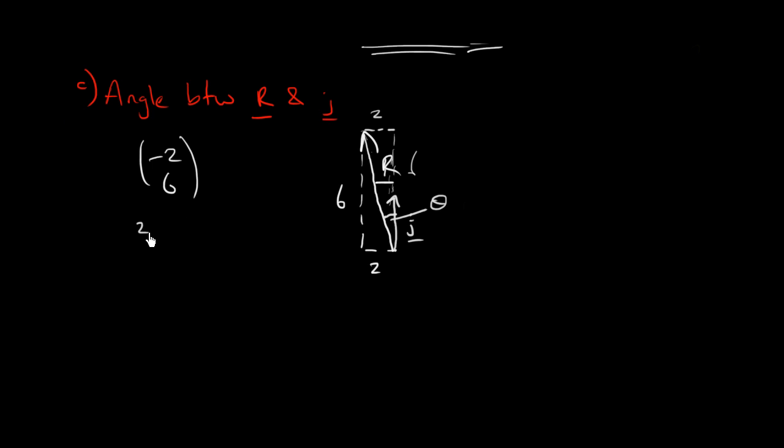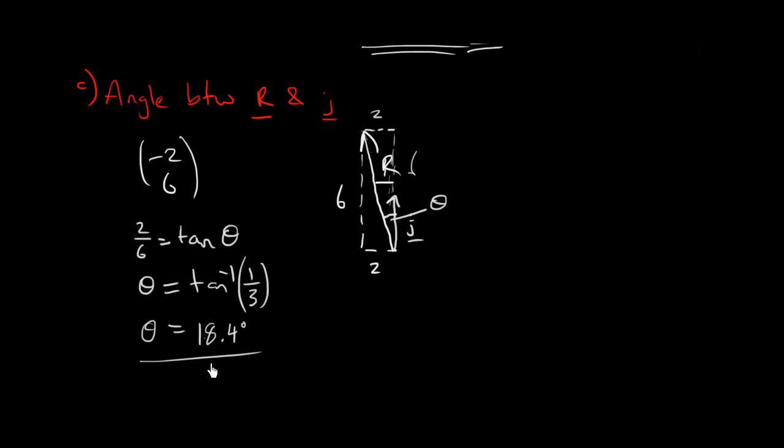So 2 divided by 6 is the tan of the angle I'm interested in. The angle is tan to the minus 1 of 2 over 6, or 1 over 3, and the angle comes out to be 18.4 degrees. Hopefully that made sense, and I'll go on to the next question in the next video now.